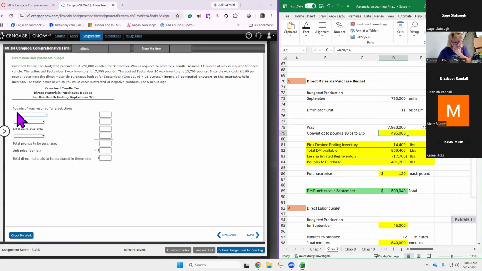All right, so let's go ahead. The first thing on this budget is to put the pounds of wax required for production. Well, here's the production that we are planning for September. And then they gave us the ounces and we did the math there. And then we divided by 16 to get the pounds. So this is the pounds to produce that many candles, right?